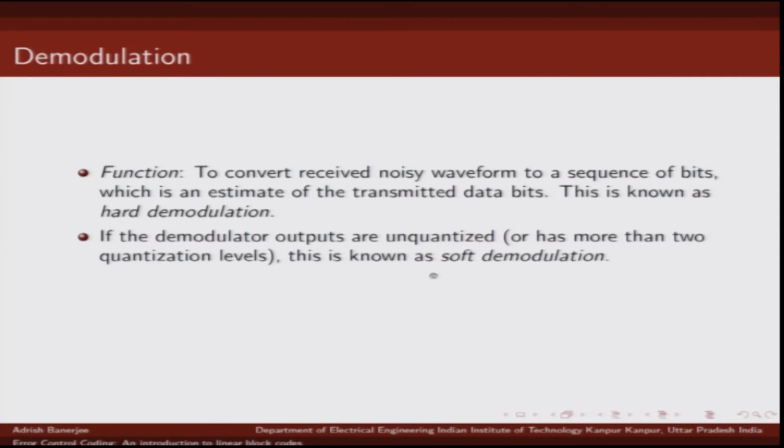There is also something called soft demodulation. What if we take the received noisy values of the received sequence and, instead of quantizing them directly to zeros and ones, keep them unquantized? Then this type of demodulation is known as soft demodulation. Now, what is the advantage of soft demodulation?